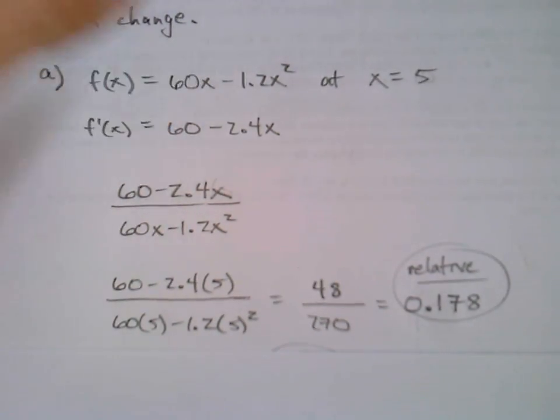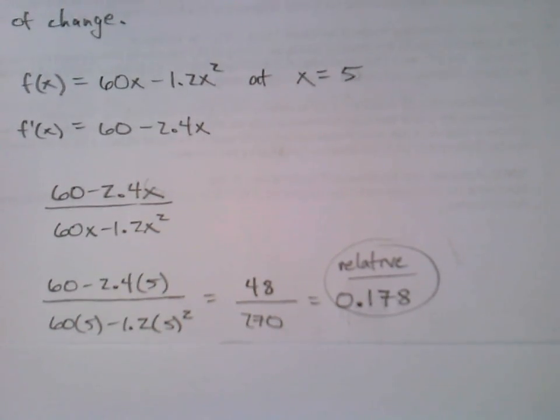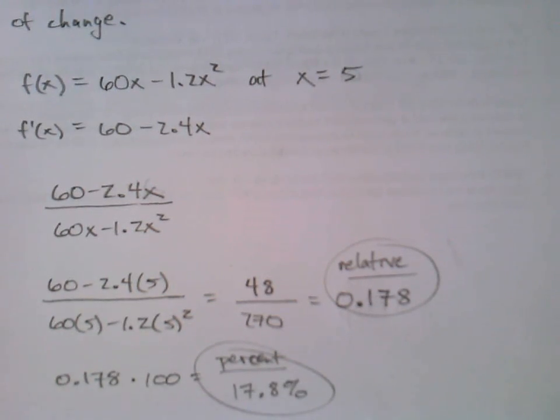In this case, and we're going to round these, it's going to be the same in your homework, the relative rate here is 0.178. We asked for the percent rate of change as well. Multiply that by 100, 0.178 times 100, to get your percent rate of change, 17.8% in this case.